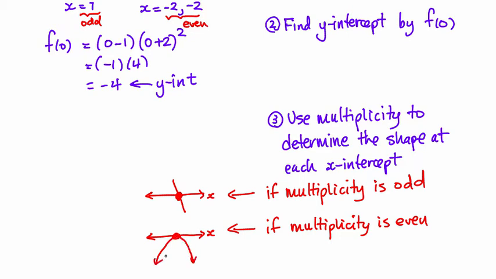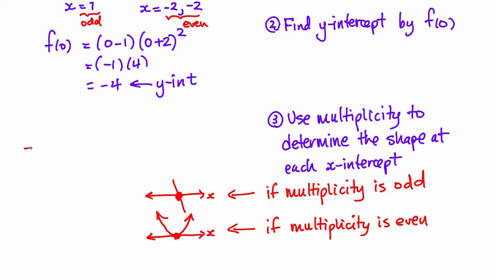So it looks something like this. If it's coming in this quadrant, it comes down, it touches, and it goes away in this direction. So it'll do a bounce, and it'll stay. It won't go through to the other side of the axis. And that's true whether the multiplicity is odd or even. Each of those is true.